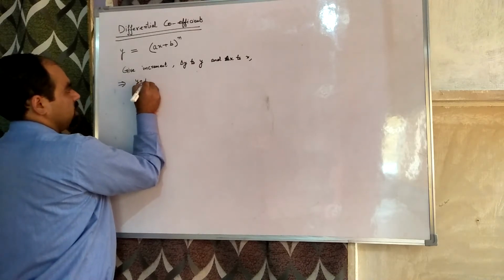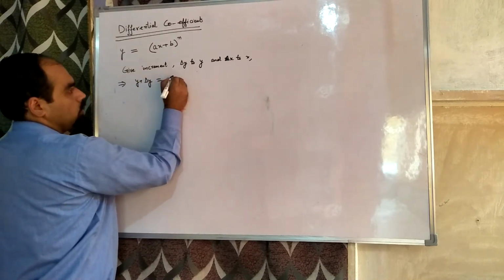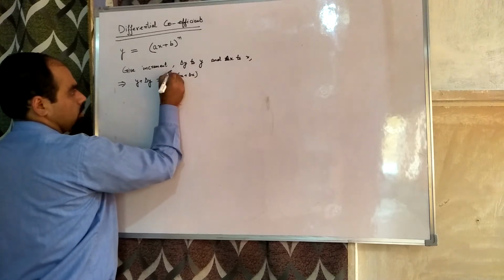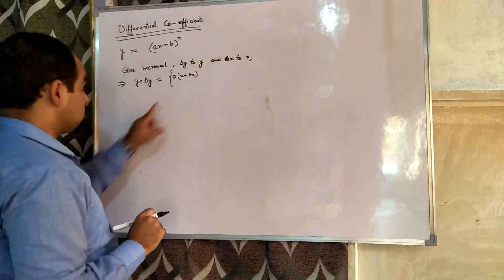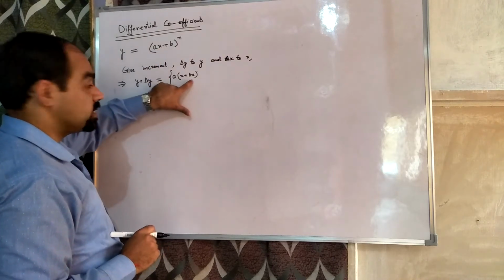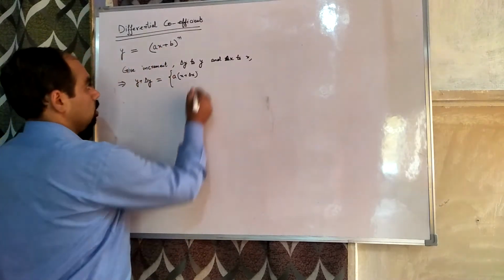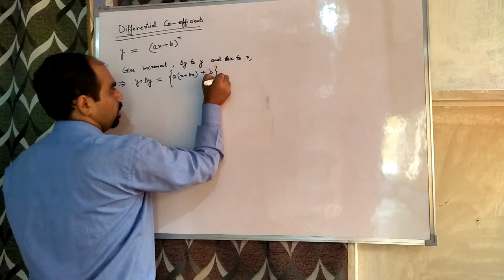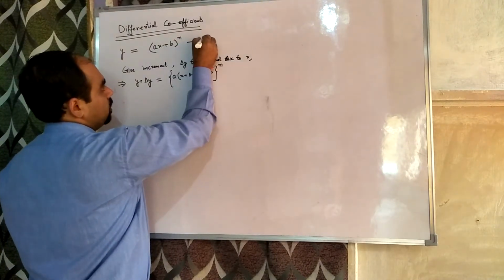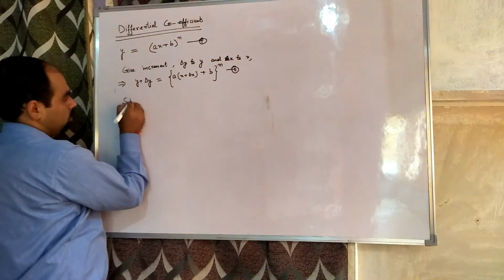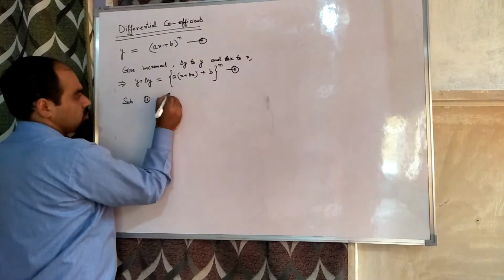So what happened? It is y plus delta y, that is equal to (a(x plus delta x) plus b) raised to power n. So just take care, x plus delta x is replacing only x. This is the first term. Next step is subtract second minus first.